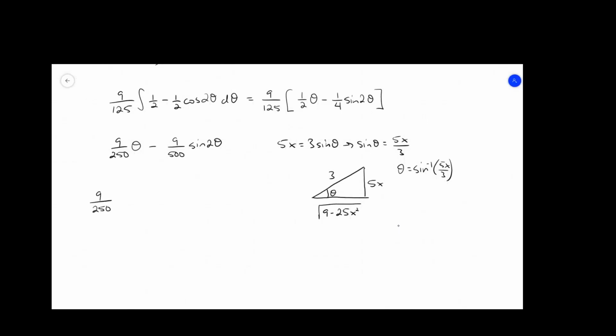So here I'm going to have 9 over 250 theta minus 9 over 500. If you guys remember your double angle identity for sine, sine 2 theta is equal to 2 sine theta cosine theta. And just remember that this is a double angle identity here.